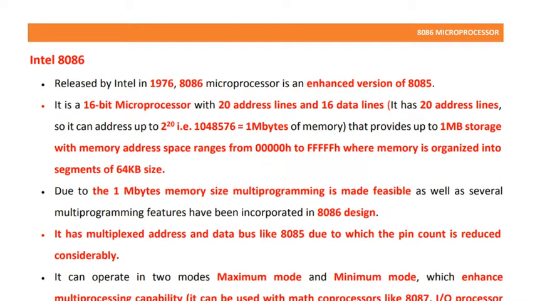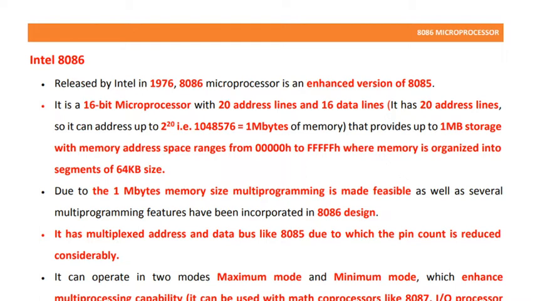This further implies that the total addressable space of Intel 8086 microprocessor ranges from 00000H to FFFFFH, wherein the entire memory is organized into segments of 64 kilobyte size.